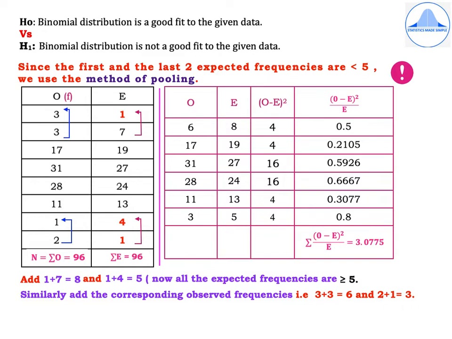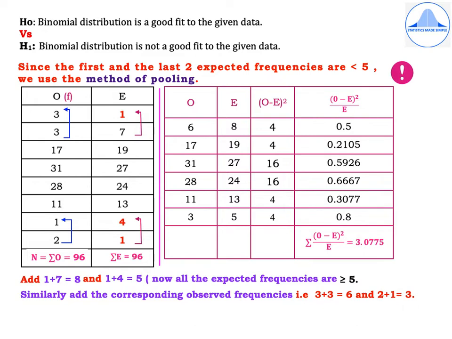So under the expected frequency column, 1 is added to 7 and we get 8, which is a value which is greater than 5. Similarly, towards the end, we add 1 and 4 and we get the value as 5. So the expected frequency is equal to 5.